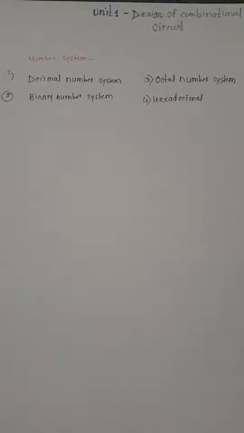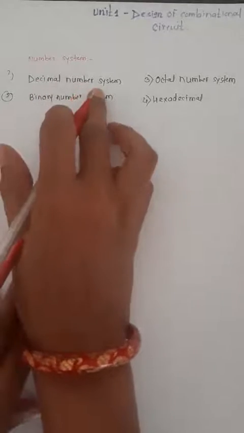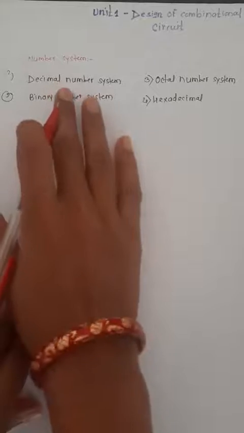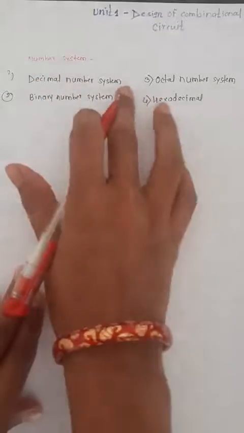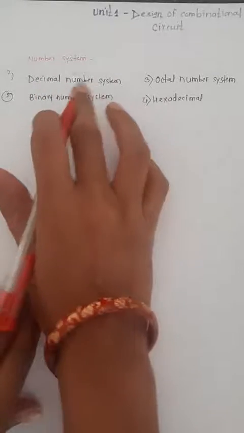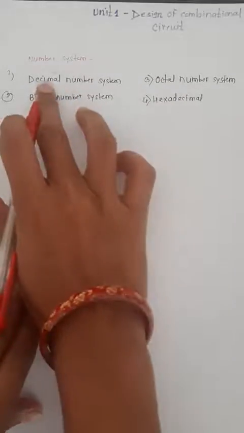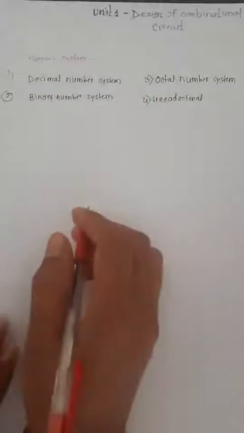Now today we are going to see conversion from one number system to another number system. So let us take our first number system, decimal number system. We will first see the conversion from decimal number system to the other 3 number systems, that is, decimal to binary, decimal to octal, and decimal to hexadecimal number system.